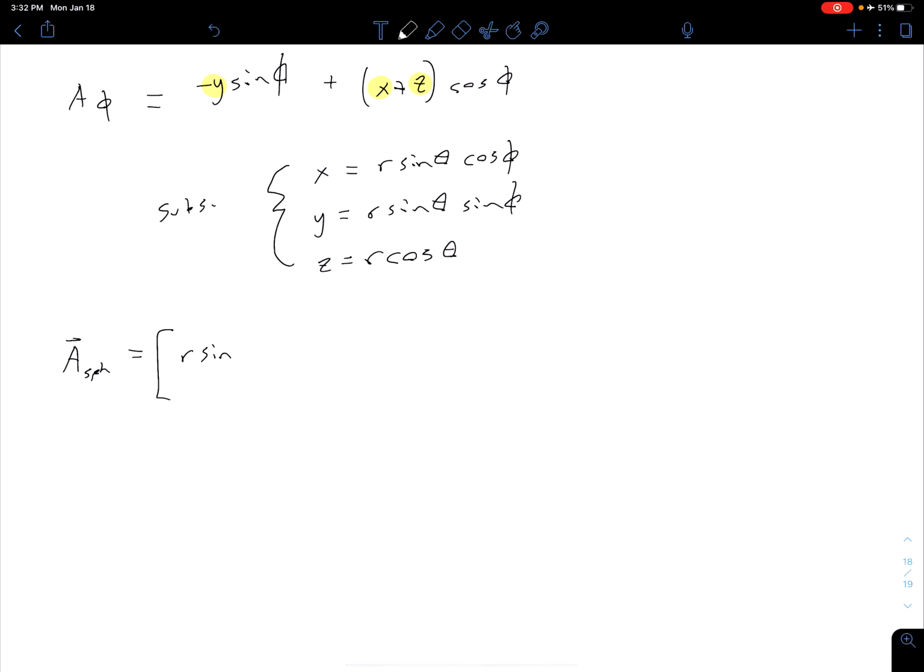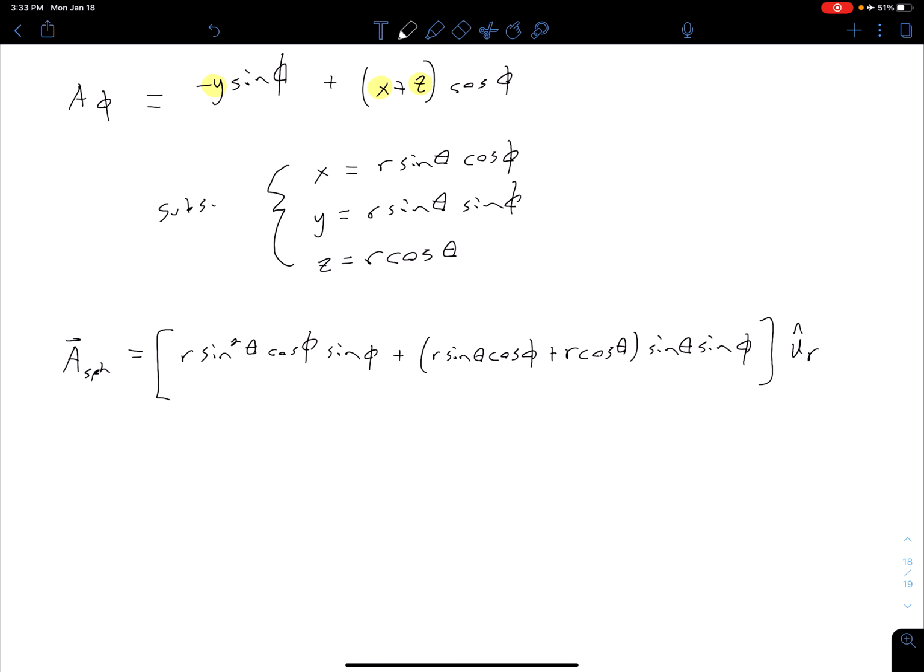We have r sine squared theta cosine phi sine phi, plus the quantity r sine theta cosine phi plus r cosine theta, times sine theta sine phi, and all of that is just for our r component. So we multiply that by our unit vector in the r direction.